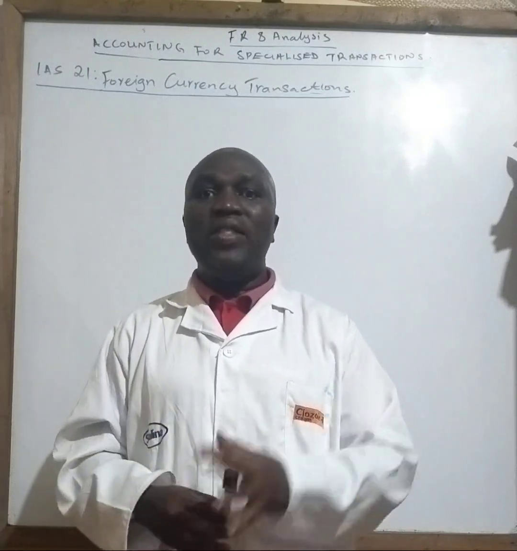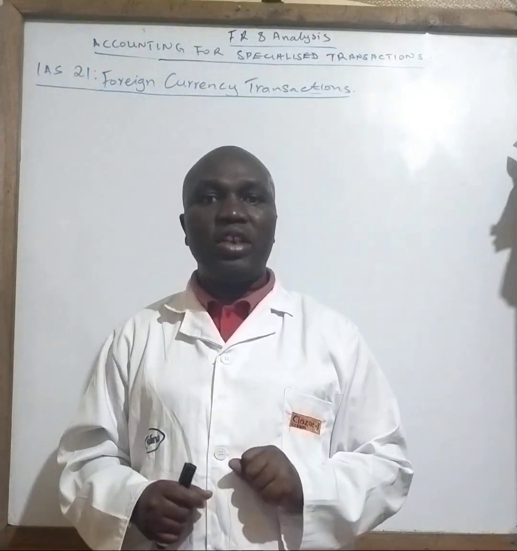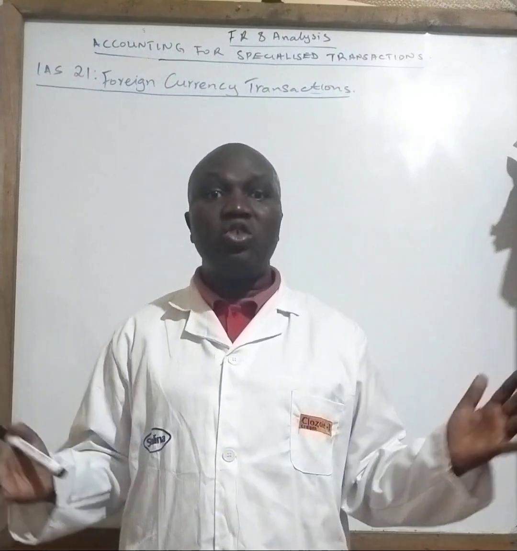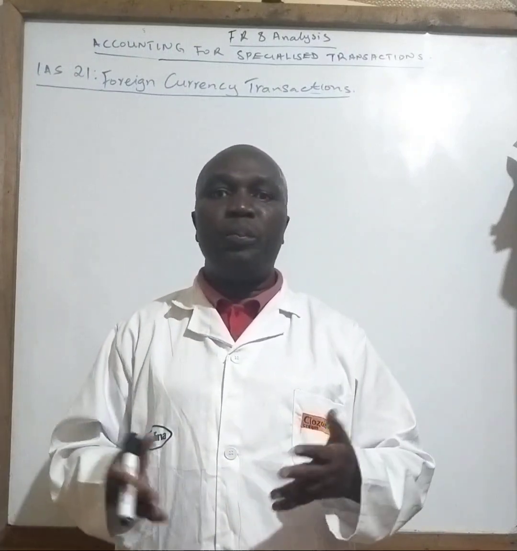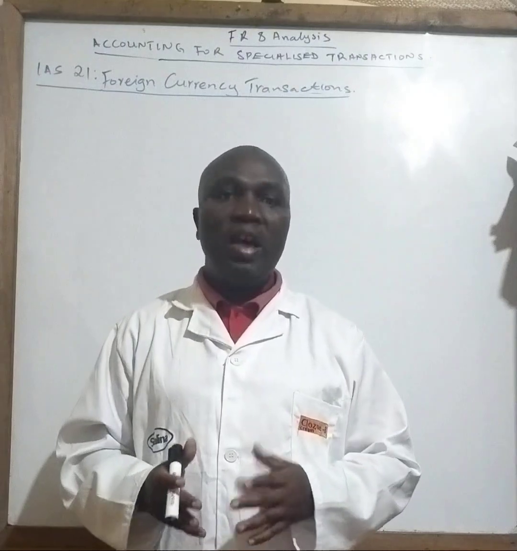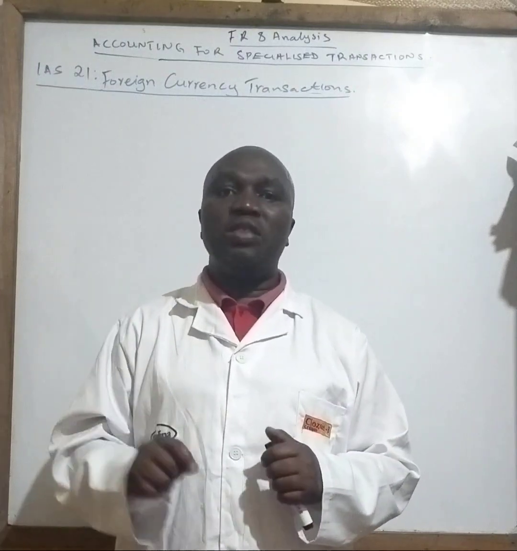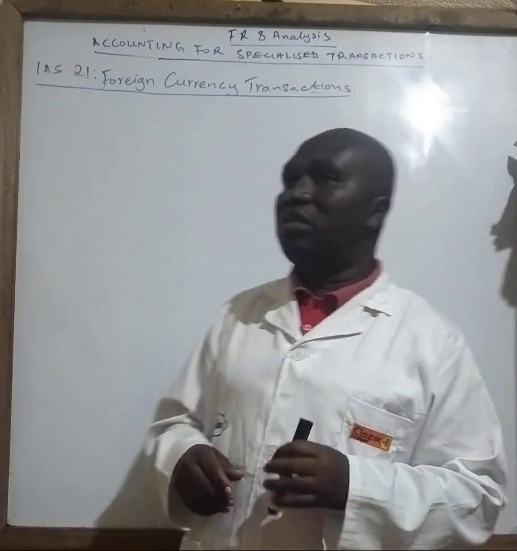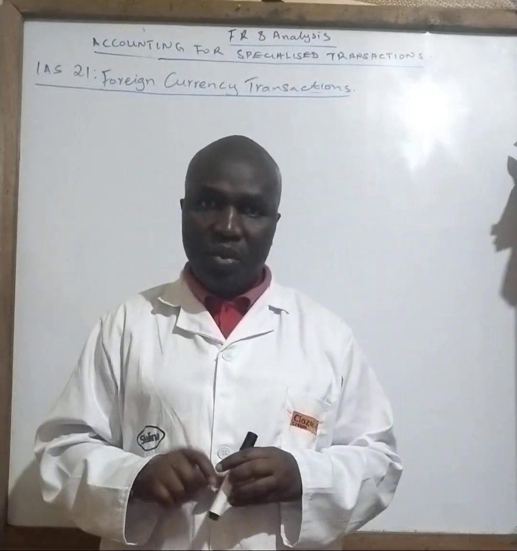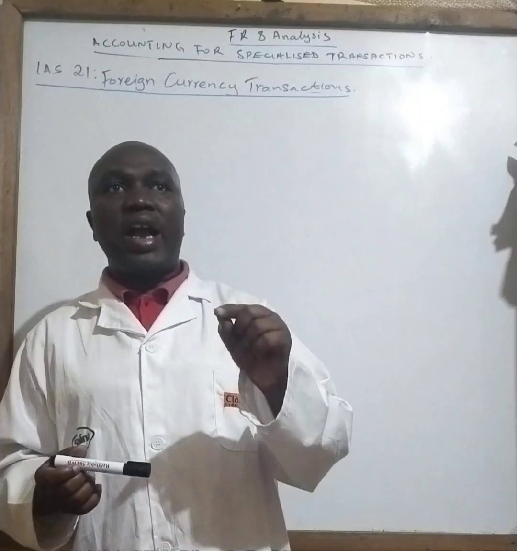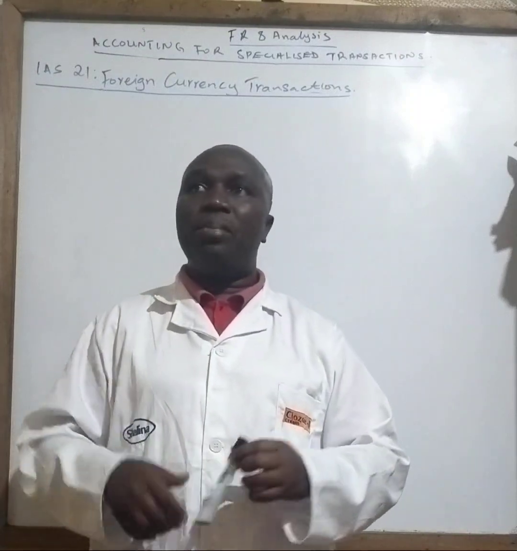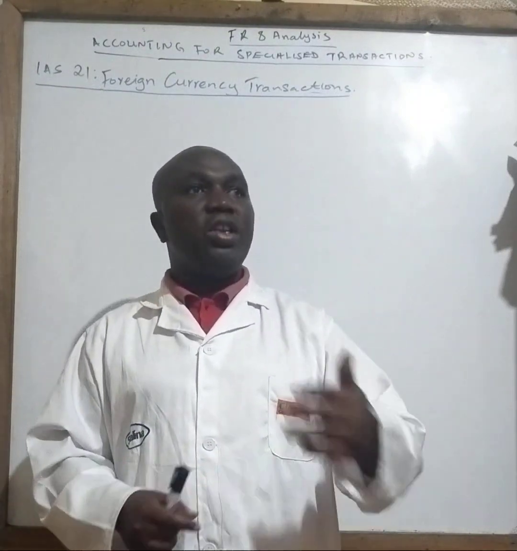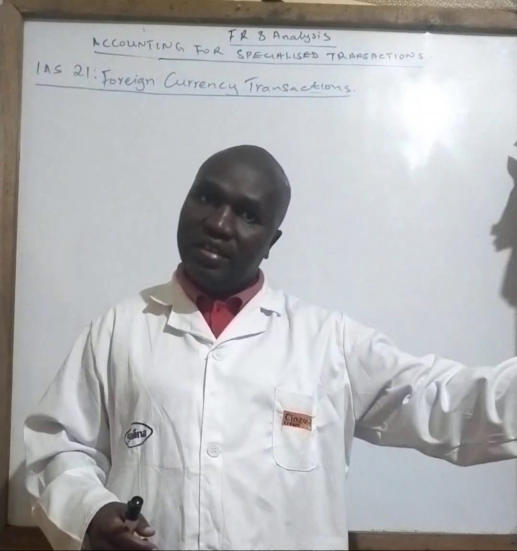In this matter, there are three main things that an accountant should know. Business people don't prepare financial statements, but this is purely for the accountants, the preparers, who face challenges when preparing them. Number one: take a company in Kenya, for example Equity Bank. Equity has opened a branch in Tanzania.